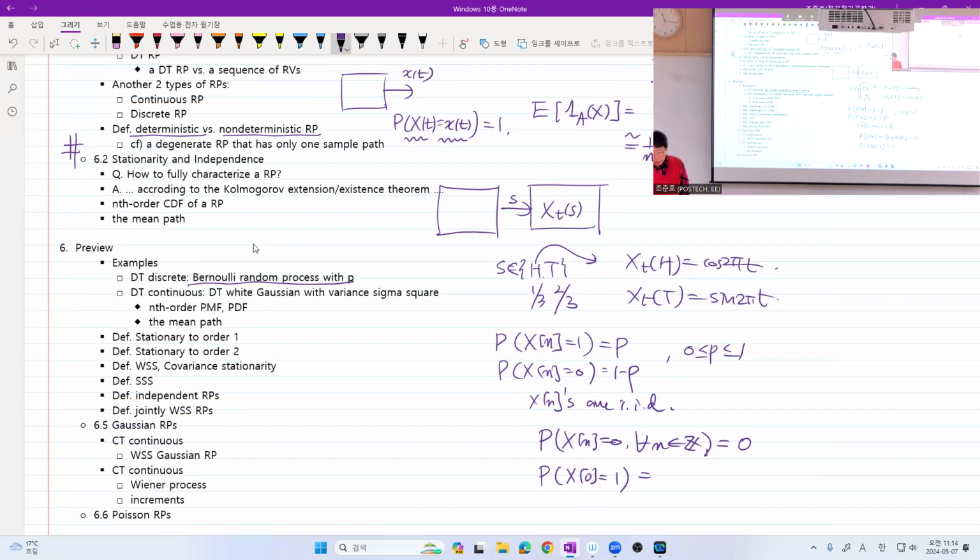Then you easily know that it is P. Got it? So even though an individual sample path has probability 0, if you define an event cleverly, then it has non-zero probability.